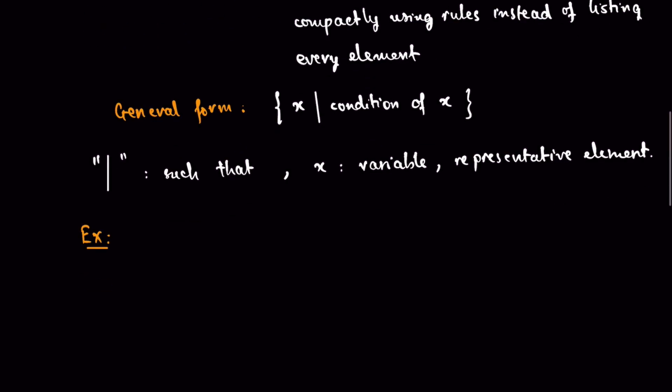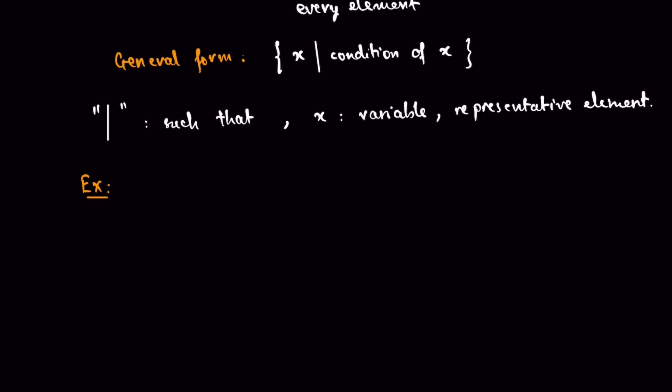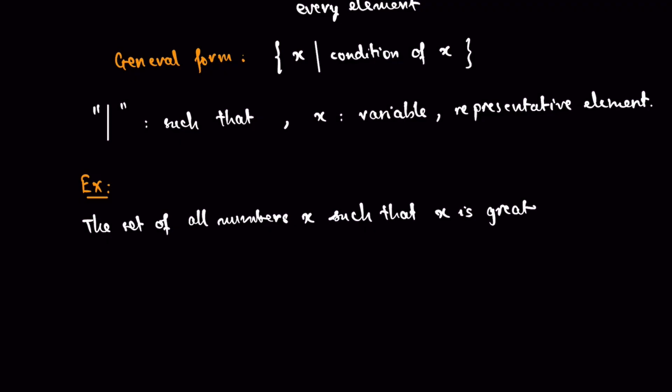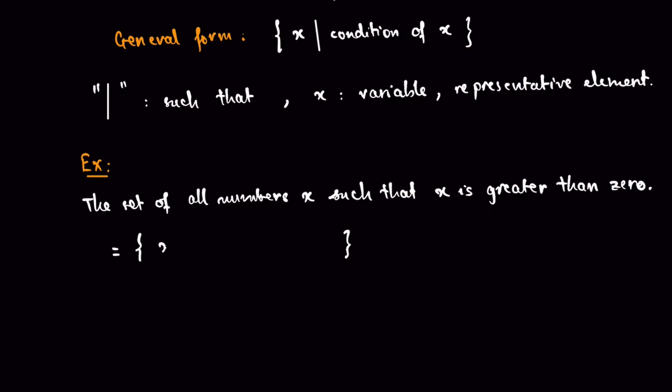For example, we want to use set builder notation to describe the set of all numbers x such that x is greater than 0. Now we're going to use set builder notation to describe this statement. The statement is equivalent to the set of x such that, with the vertical line, x is greater than 0. Let me move this in a little bit.